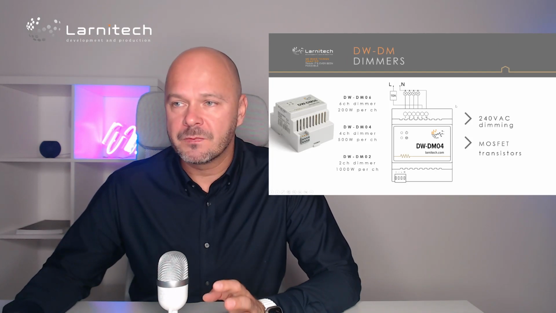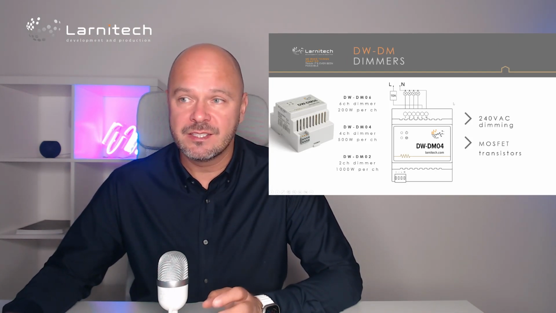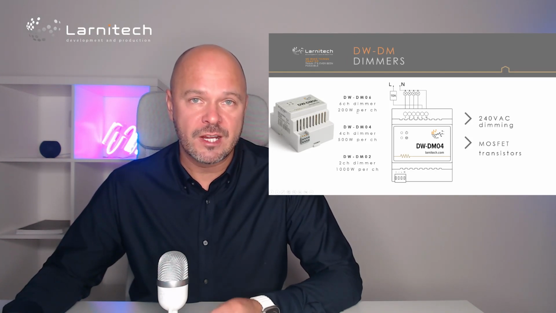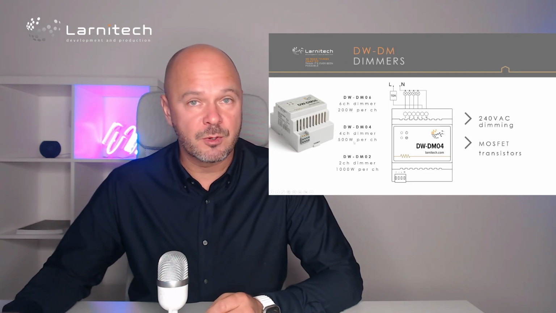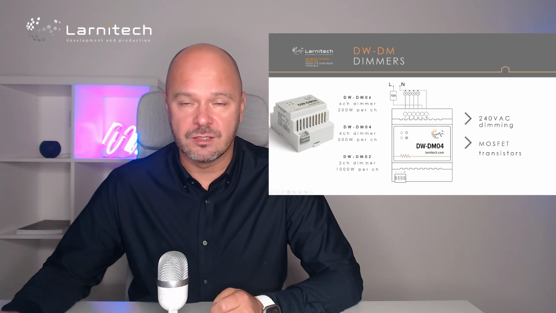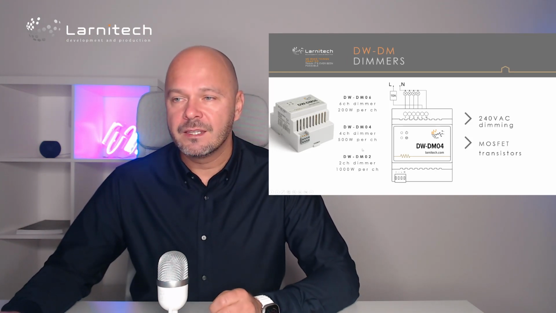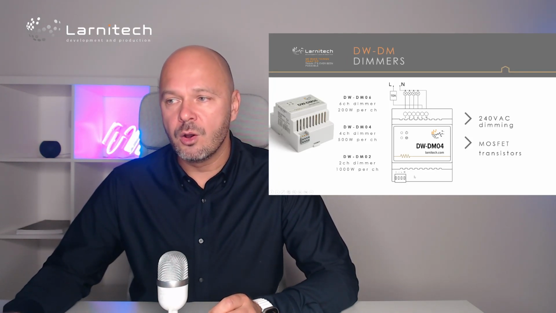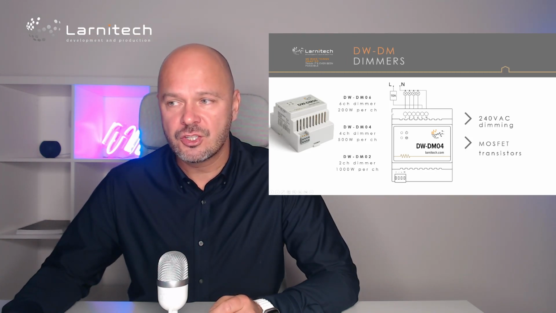Dimmers then. We have 3 versions of DIN rail dimmers. We have a 6-channel, 200 watts per channel. We have a 4-channel, 500 watts per channel. And we have a 2-channel, 1000 watts per channel. Keep in mind that the power of the whole dimmer is less than the power of all channels combined.